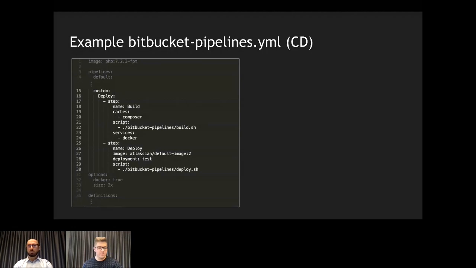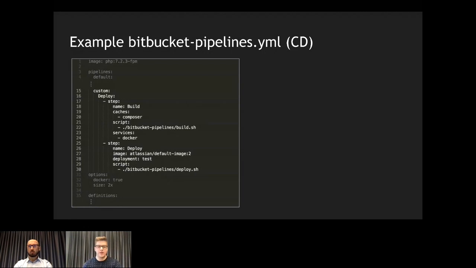Also for the build step, we will run a script called build.sh from the BitBucket Pipelines directory, and we will use a service called Docker. For the second step, the deployment step, we will use the Atlassian default image. We will run the deploy.sh script, and we say that the deployment is for test.